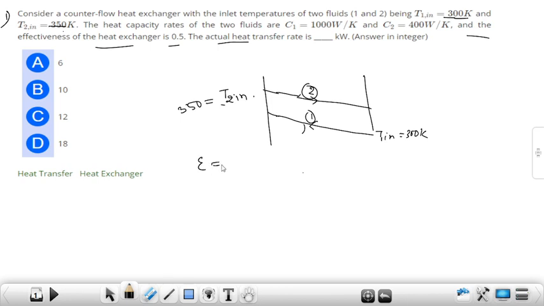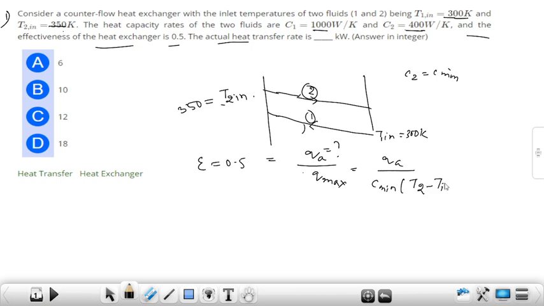And effectiveness is given 0.5, and C1 is 1000 and C2 is 400, and C2 is C minimum. So we know effectiveness is Q actual divided by Q maximum, and we have to find Q actual, and Q maximum is C min into T2 in minus T1 in.